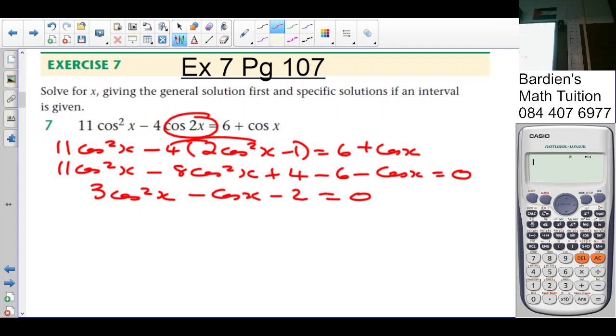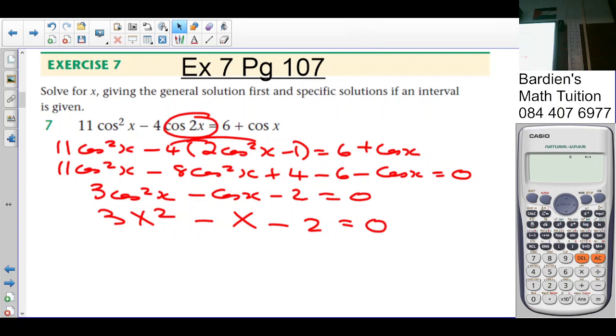So we use your calculator or your quadratic formula, or you can factorize this. Your factors work out to be 3 over 2 and 1, I think. One of them is negative.